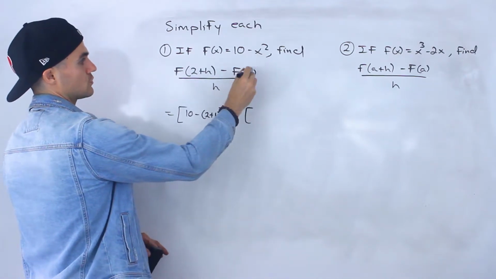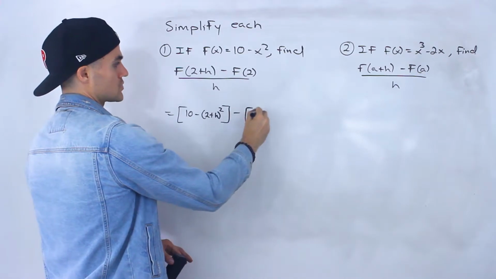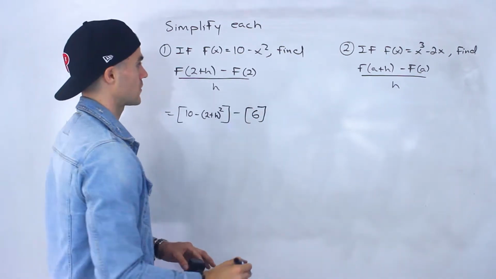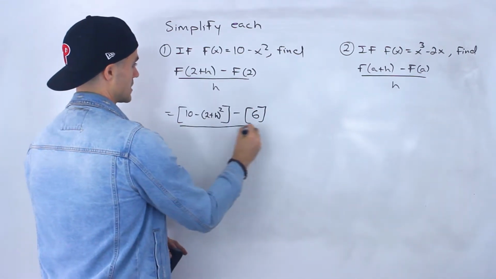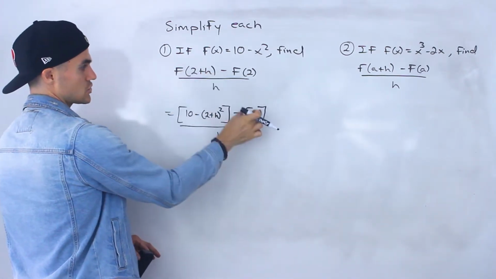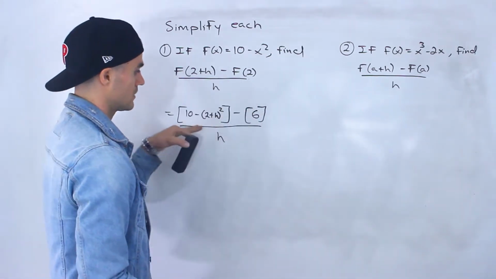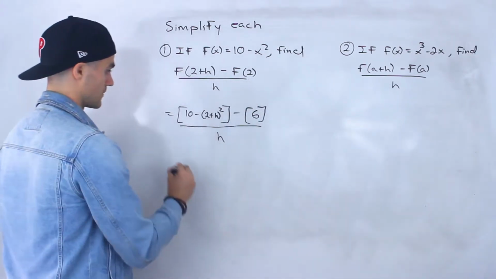Now what's f of 2? We would plug in 2 for this x, we'd have 10 minus 2 squared, which is 10 minus 4, which is just 6. And this is going to be all over h.